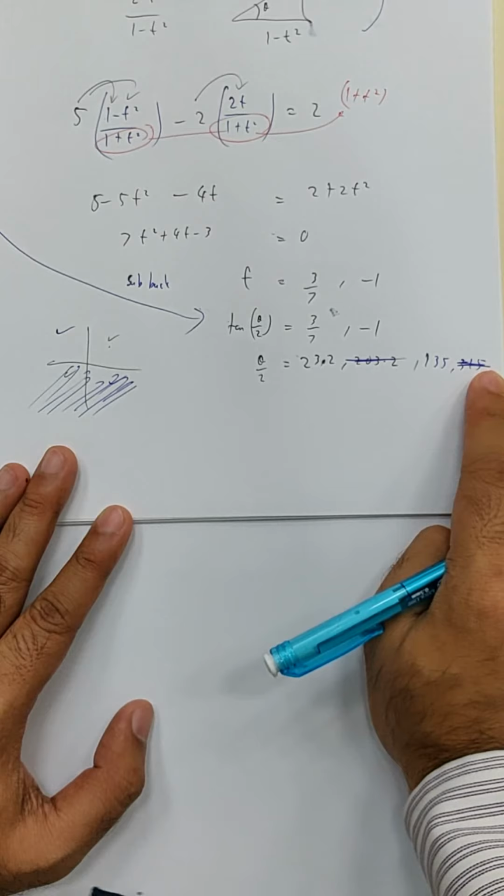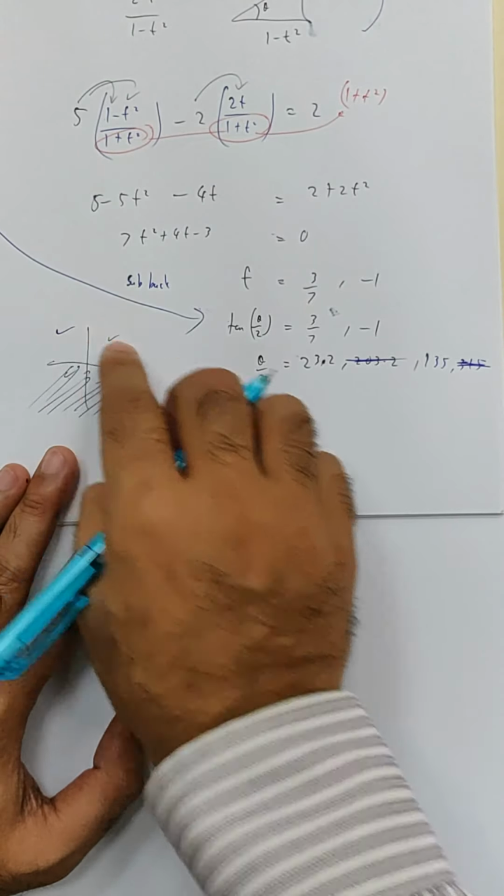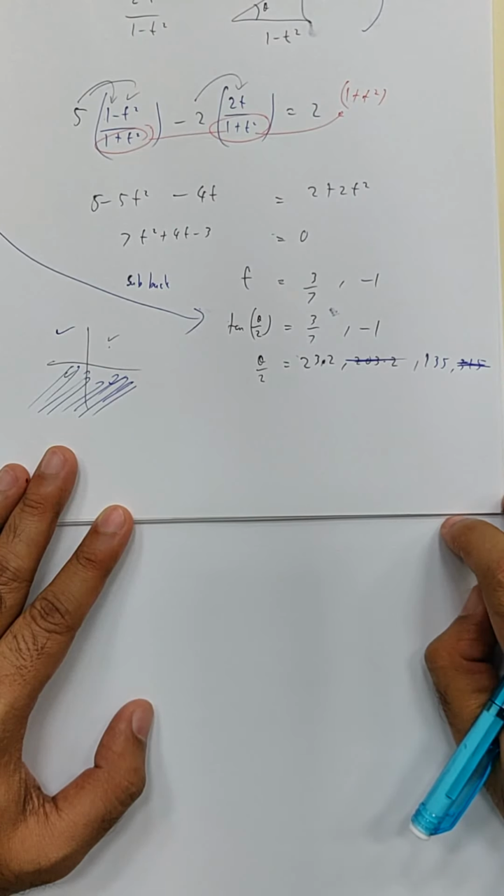Why are we taking this one out? Because there's pi over 2 and only 1 in the first two quadrants. 180 in short. 360 divided by 2. 180.